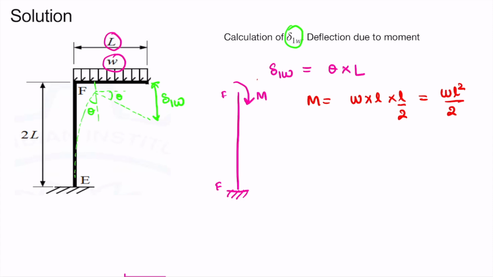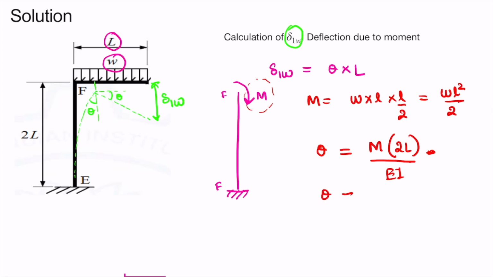For this type of loading, we know the standard deflection formula for theta, that slope, we will calculate it as M into the length of this column, which is 2L, by EI.